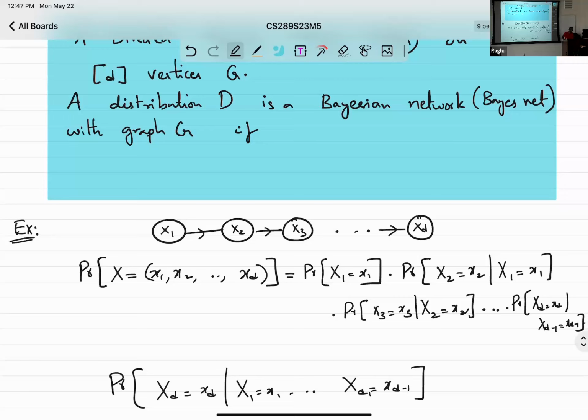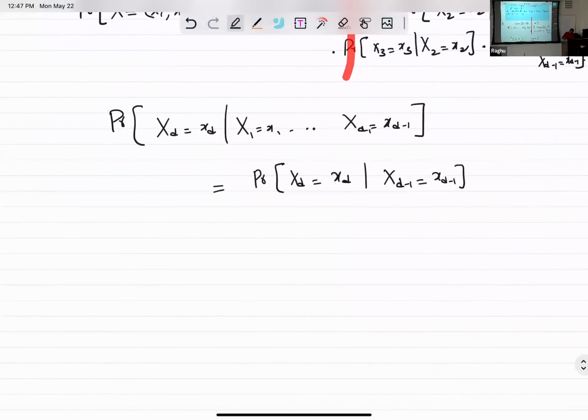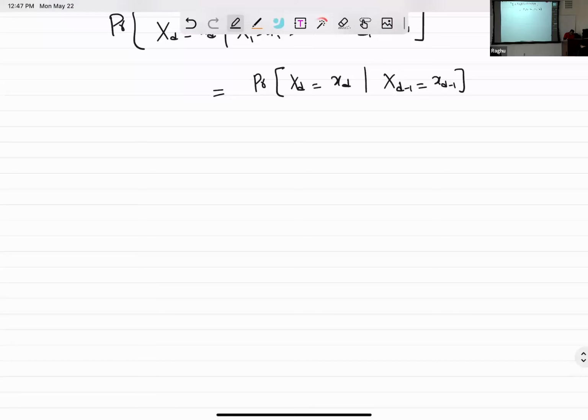This is what you have in the case of just the Markov chain. All right. Now let's say I tell you that the conditional independence structure is something else.